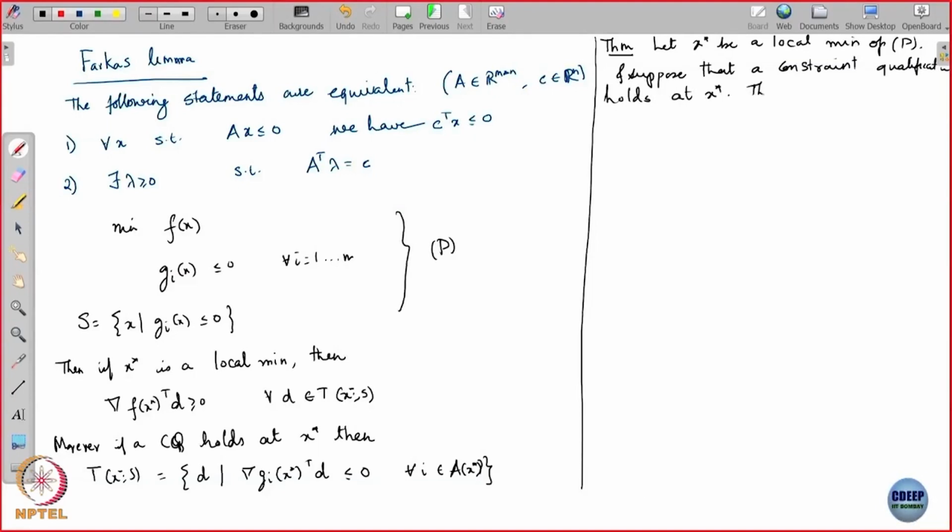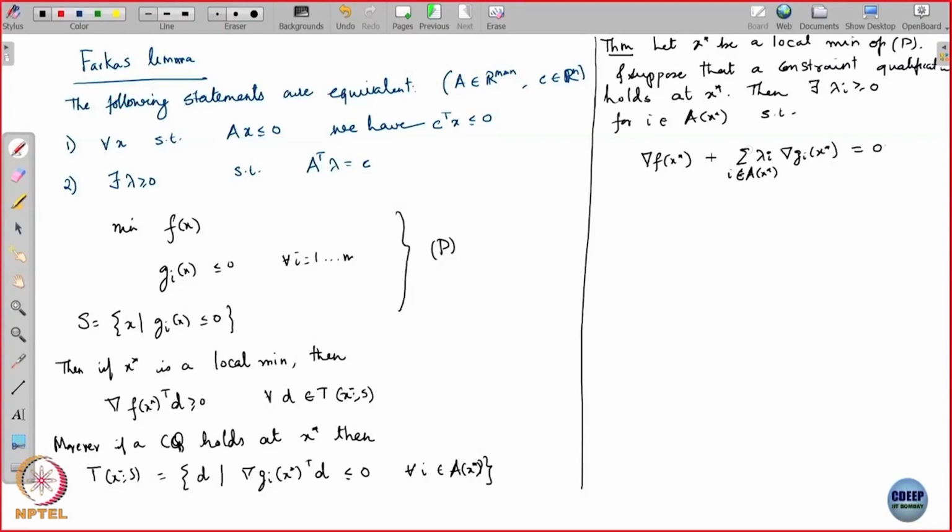Then there exists lambda I greater than or equal to 0 for I in A of x star such that the gradient of f at x star plus the summation over I in A of x star of lambda I grad g I of x star must equal 0.